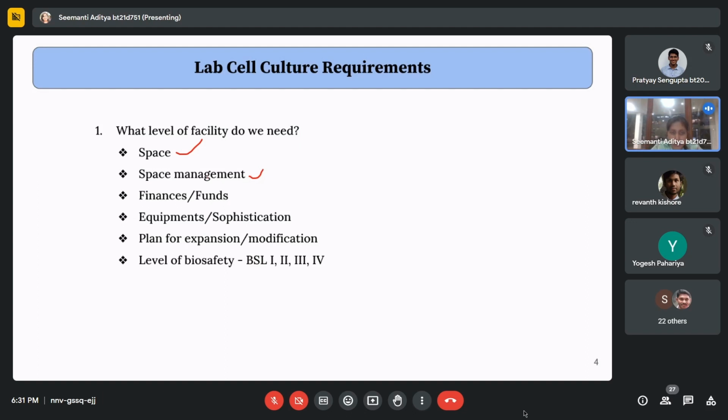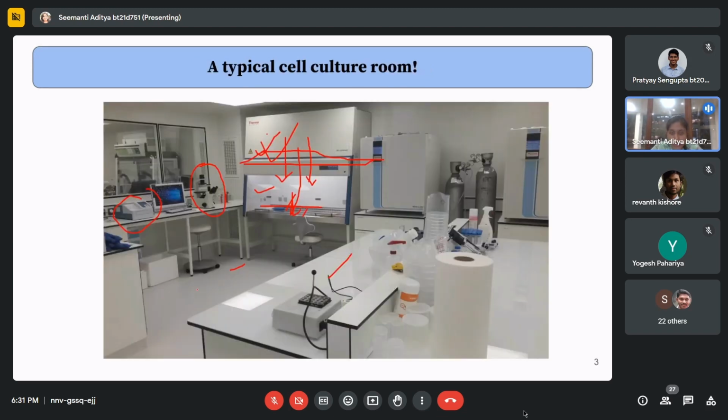Apart from that, the funds and finances required for setting up a cell culture lab are also very huge, because each of these instruments costs lakhs of rupees, and they need to be maintained with a lot of care, because a little bit of carelessness can lead to loss of a lot of money and time. This technique is not very time convenient.